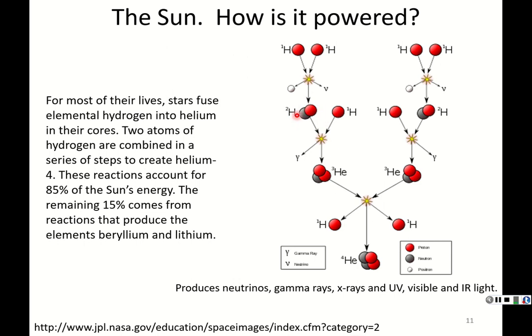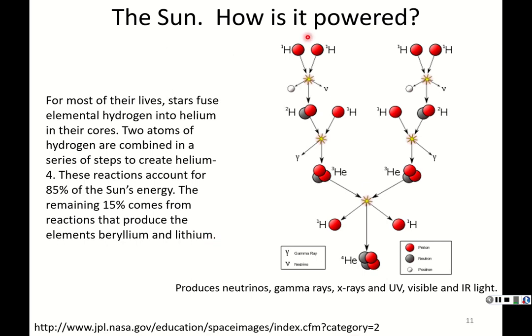Then the deuterium and another hydrogen can fuse again. This produces a gamma ray, and you get 2 protons and 1 neutron, which would be a helium-3 nucleus, and 2 of these can now fuse together. When that happens, you lose 2 hydrogens, and you're left with a helium. So you have more hydrogens now that can combine again to form the process all over again.